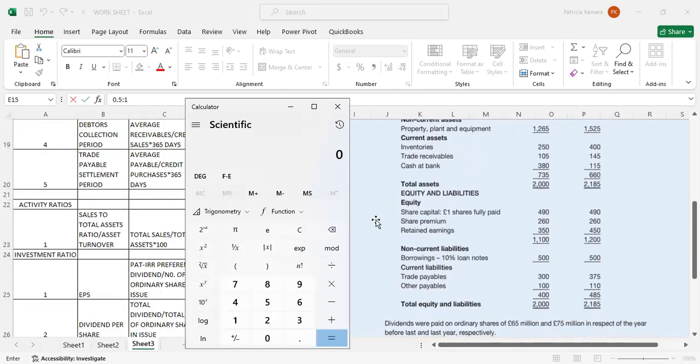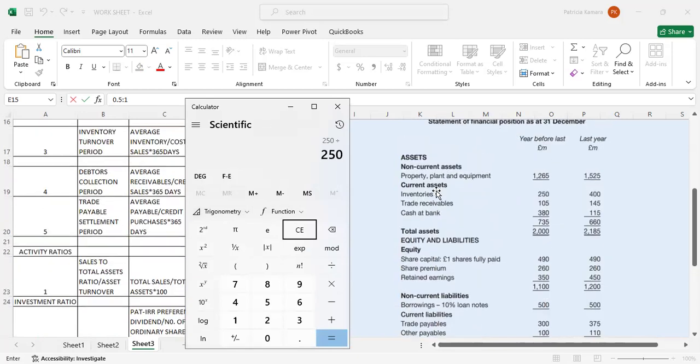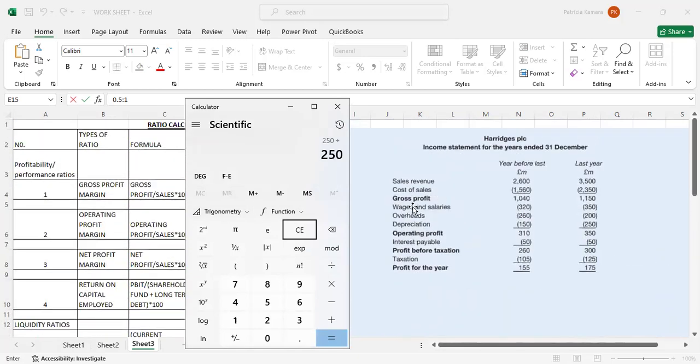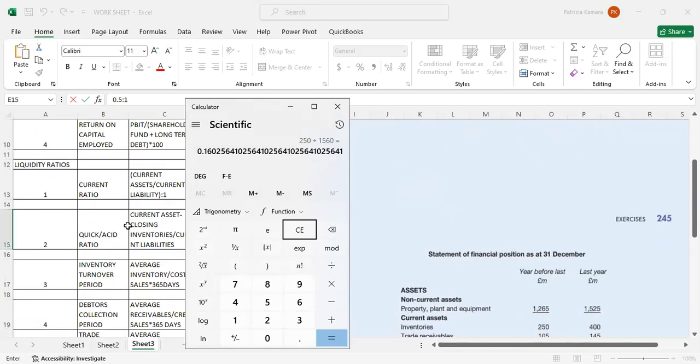In 2022, inventory was reported as 250, over cost of sales, and the cost of sales figure reported here is 1,560. Let's check that again.